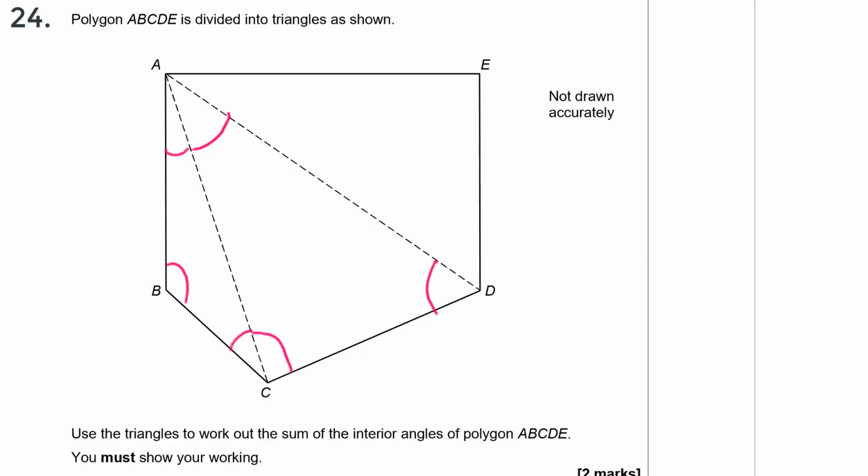And finally our last triangle adds up to 180 degrees too. So you can see that those 3 angles there form that interior angle of my pentagon. And then I've got another one there, and another one there, another one there, and another one there. So the 3 sets of 180 degrees from my triangles add up to the interior angles of my pentagon.